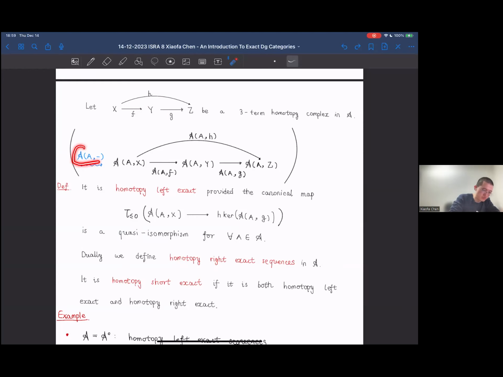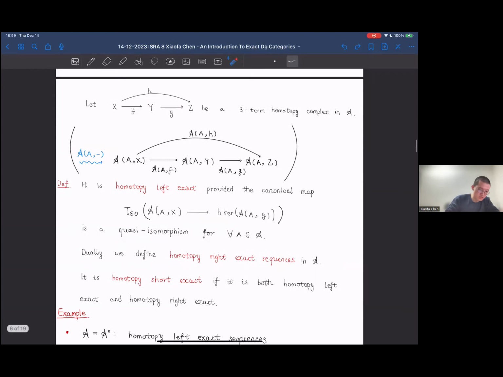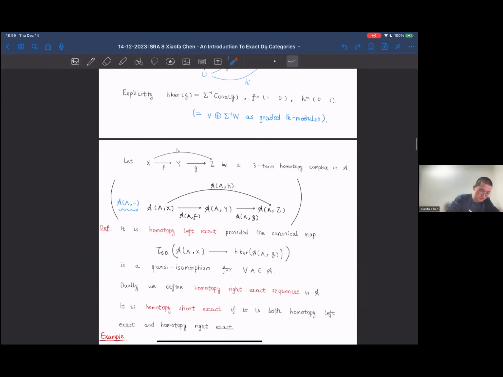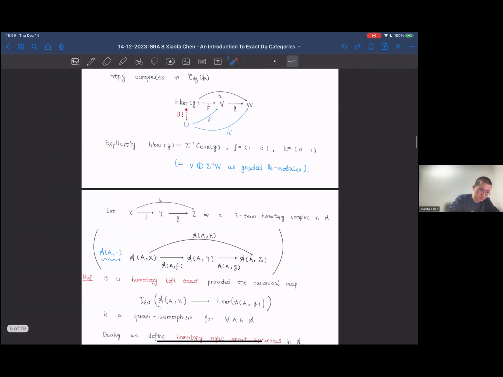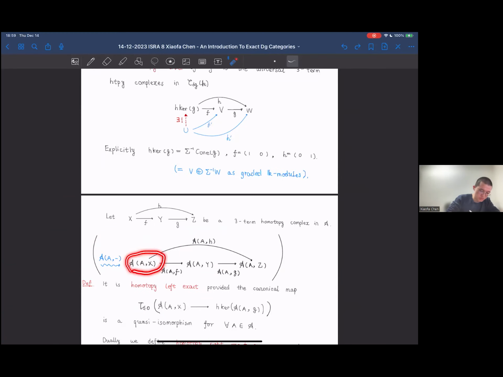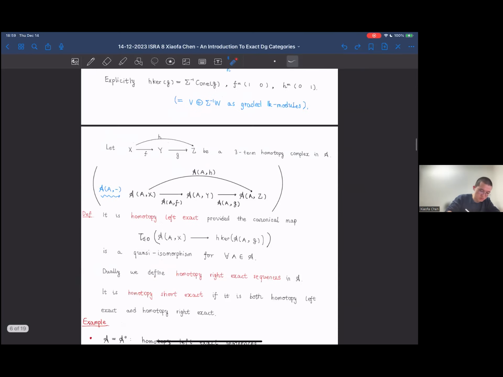We can apply a DG functor for each object A in A. We apply this DG functor, then we get a corresponding diagram in the DG category of complexes of K modules. And then we have this universal property. So we have a unique map from this object here to the homotopy kernel of this morphism, given by the universal property.